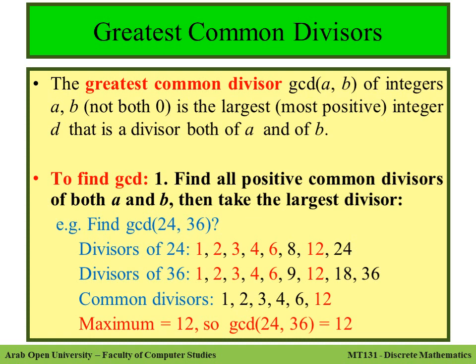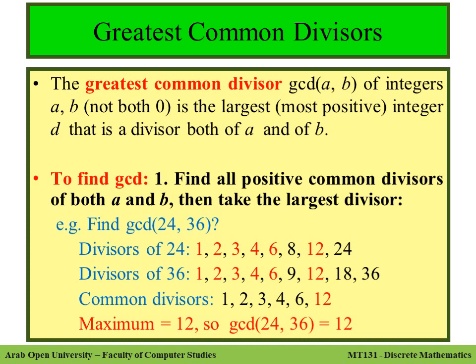Of course, we can apply the definition to find the GCD, or the second method that we will see is using the prime factorization. Here is a method to apply the definition. Find the GCD for 24 and 36. Try to find all the divisors of 24, and they are listed 1, 2, 3, 4, 6, 8, 12, and 24.